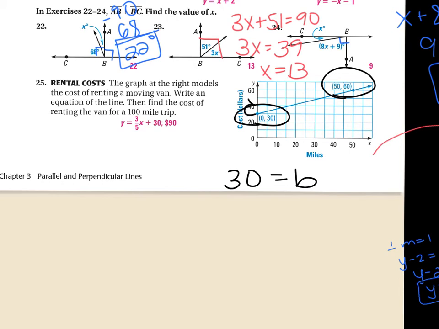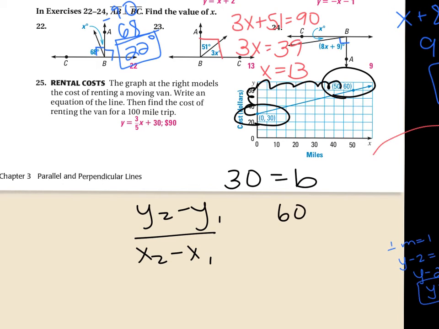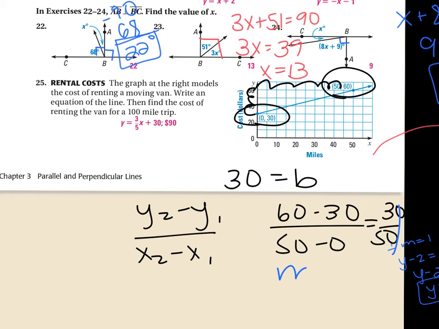I can either count up and over, or I can use y2 minus y1 over x2 minus x1. So 60 minus 30 over 50 minus 0, and I'd get 30 over 50. The zeros cancel, and my slope is 3/5. So then my equation would be y equals the slope, which is 3/5 x, plus 30, which is the b.